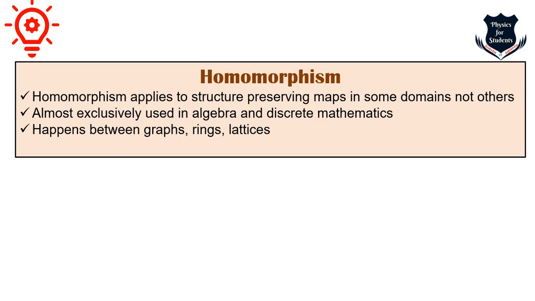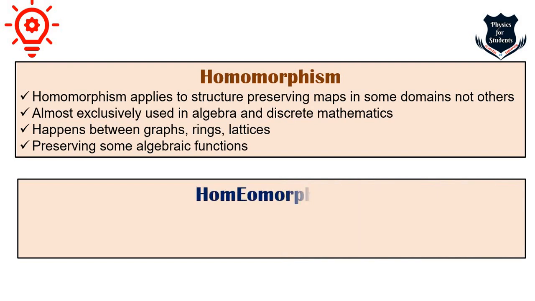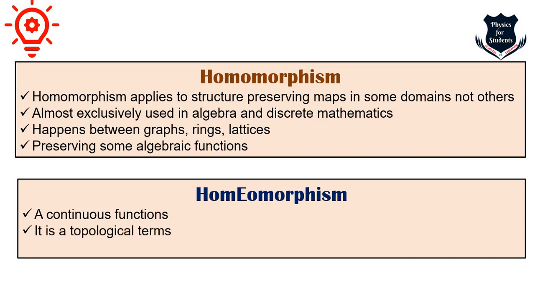It happens between graphs, rings, lattices, and a lot of other things, and it preserves some algebraic functions. These are the important points which make homomorphism a unique kind of operation. If I take homeomorphism, then homeomorphism definitely is a continuous function. It is a topological term. This is very important. And it has a continuous inverse.